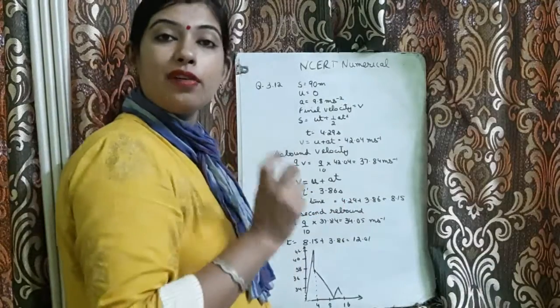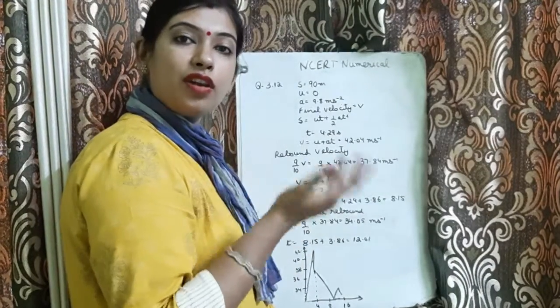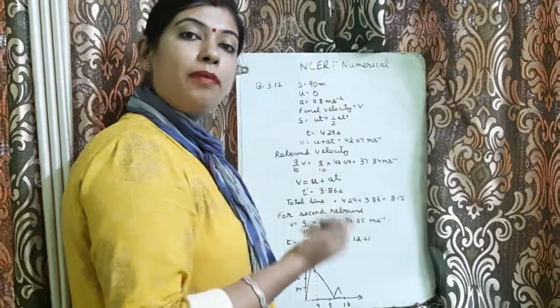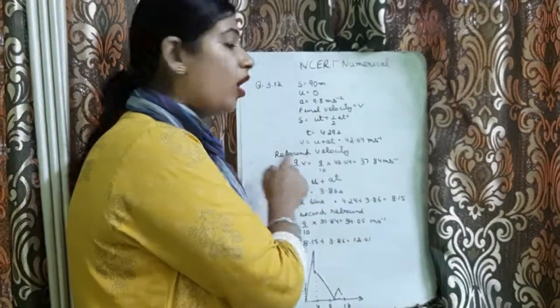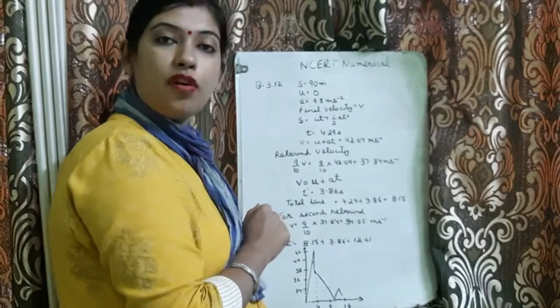After calculating the time, we will calculate the velocity of the ball before hitting the ground. Before hitting the ground, the velocity of the ball is 42.04 meter per second.